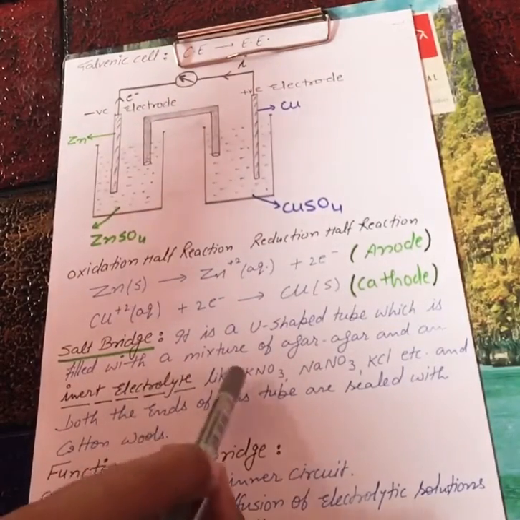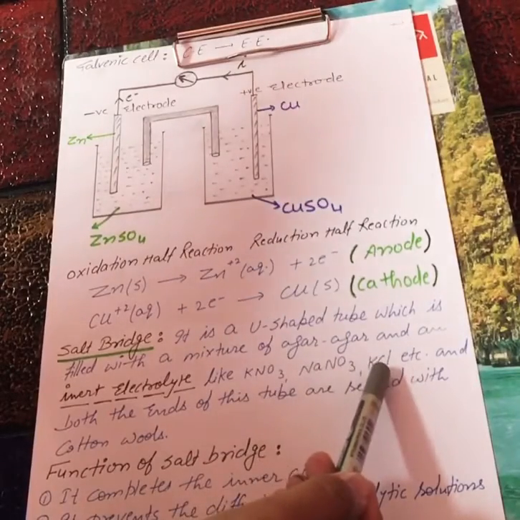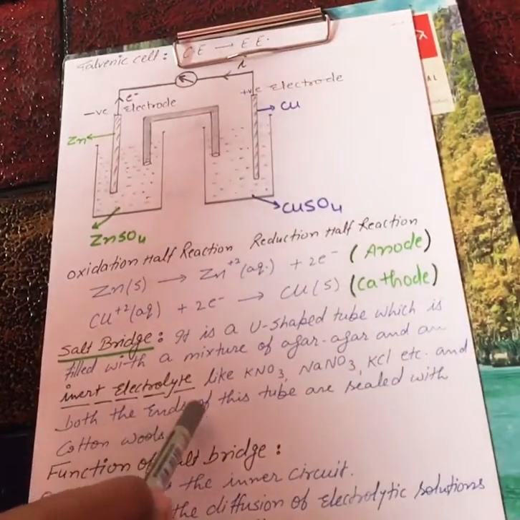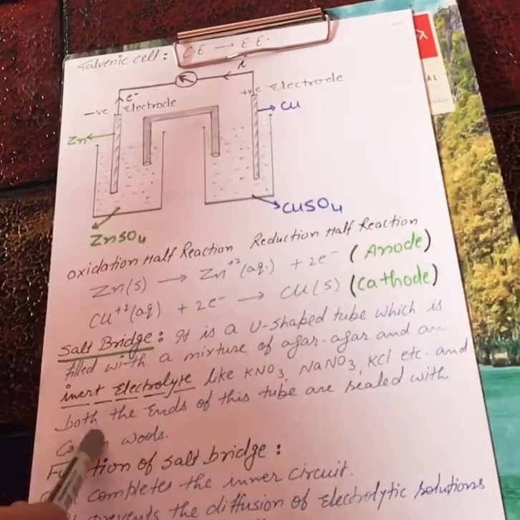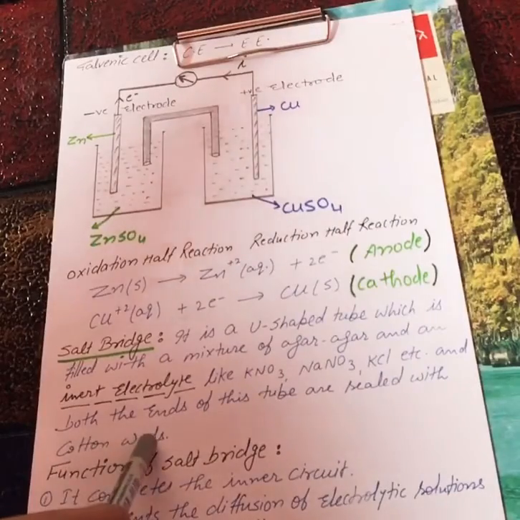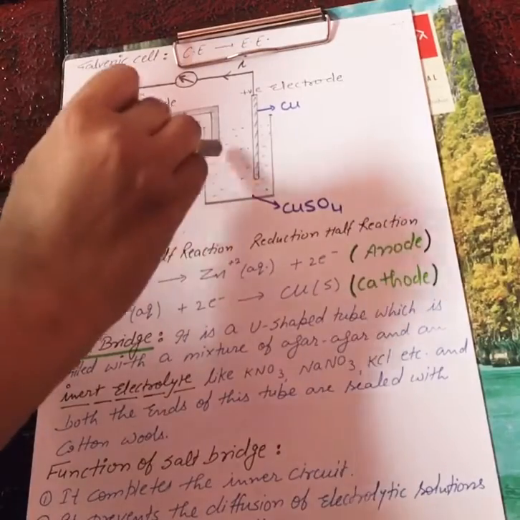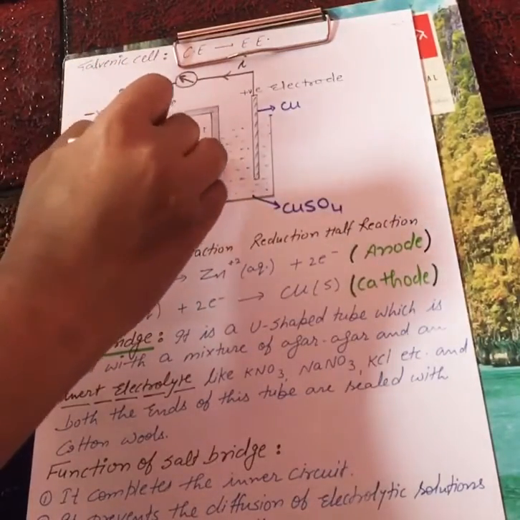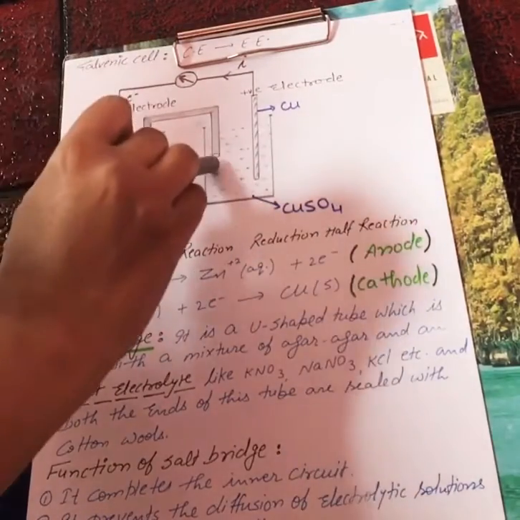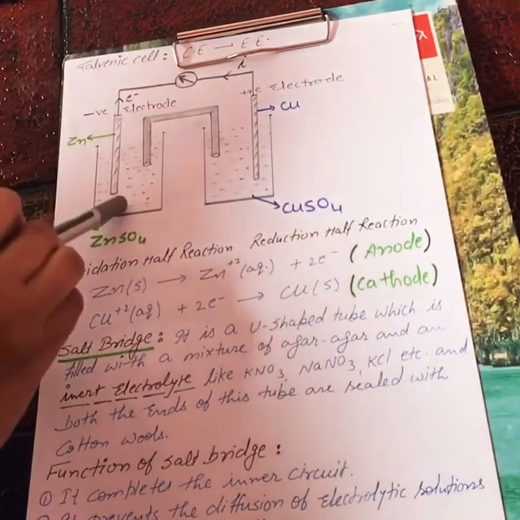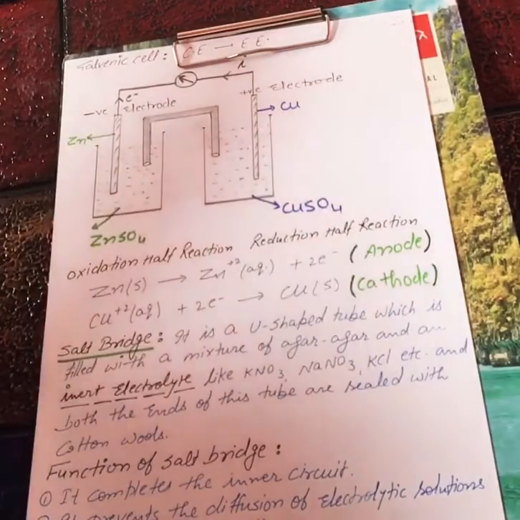The inert electrolyte can be KNO3, NaNO3, KCl, and both ends of this tube are filled with cotton wool, because if you do not insert cotton wool, the ion exchange will not be completed. For completion of the circuit, the salt bridge should be inserted in this circuit. By the salt bridge you can complete the circuit.